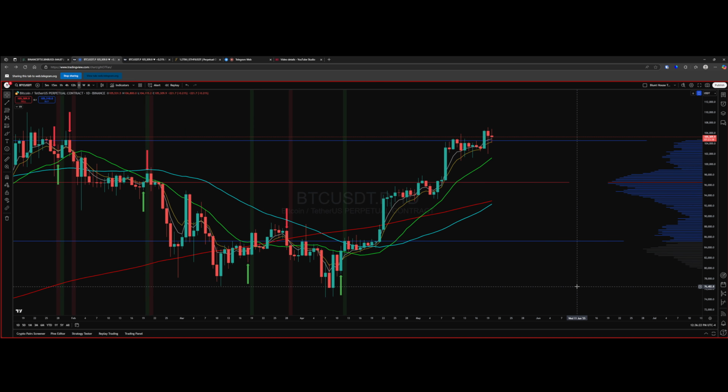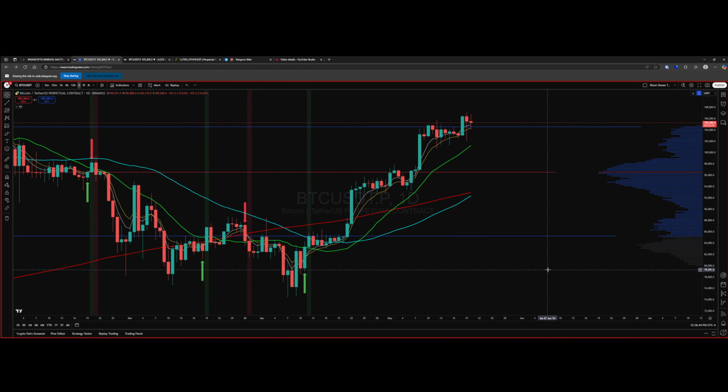Not always. The inverse version of it is here, where the 50 crosses down through the 200. That's bearish, but it wasn't the end of the world, if we're going to be forensic about it. So they have some relevance, yes.